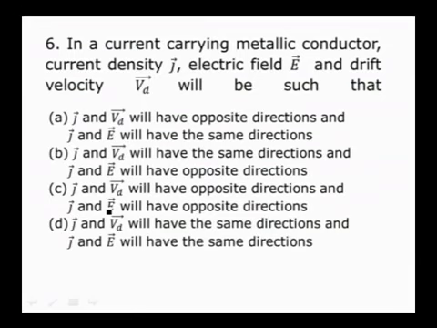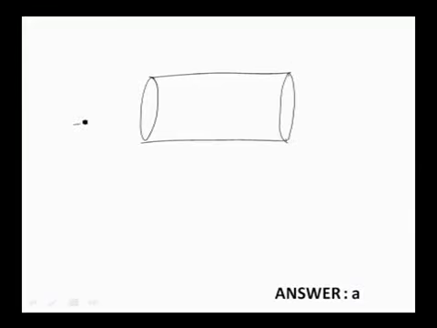So the answer for this: if you draw the conductor like this, here we are going to apply the potential. This is the higher potential and this is the lower potential. It consists of free electrons. When we apply the potential difference, the electric field is developed in the direction opposite to the motion of the electron, in this direction.